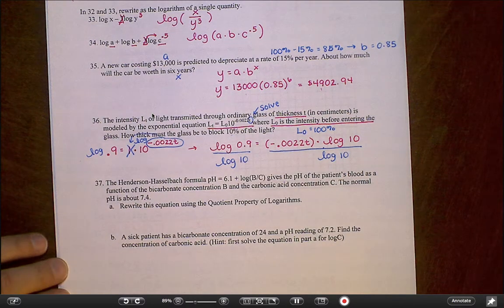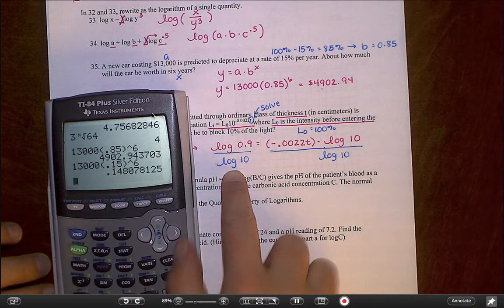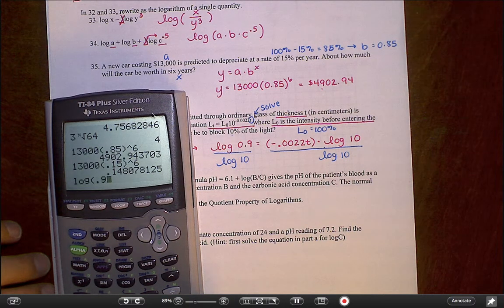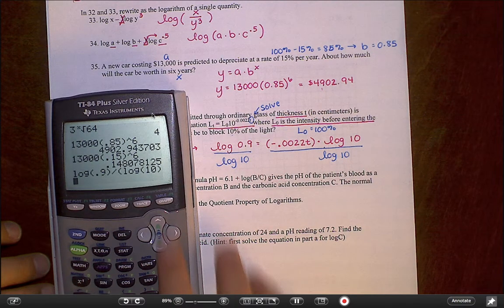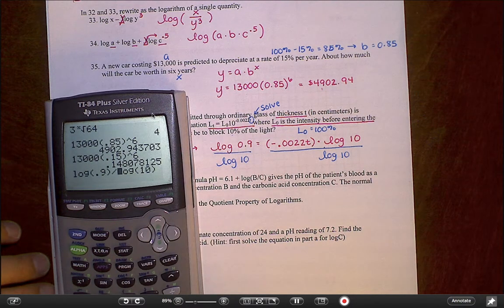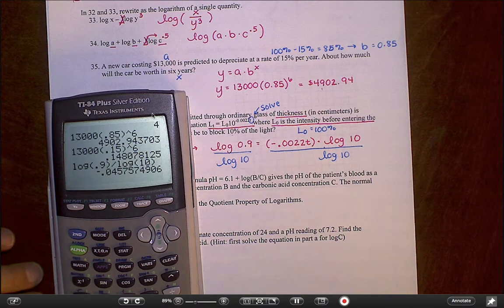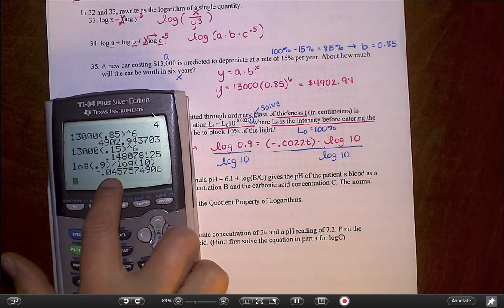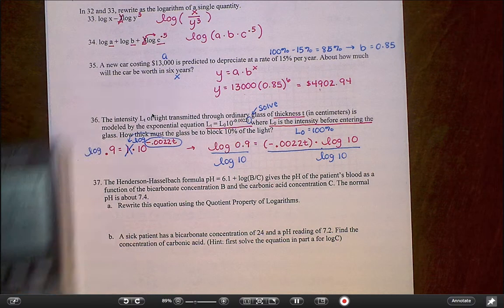So I'm going to put this in my calculator, log 0.9 divided by log 10. Oh, I didn't need this parenthesis. And I get negative 0.04. I'm going to write that down shortened, but I'm going to keep that decimal in my calculator so I can use it later.